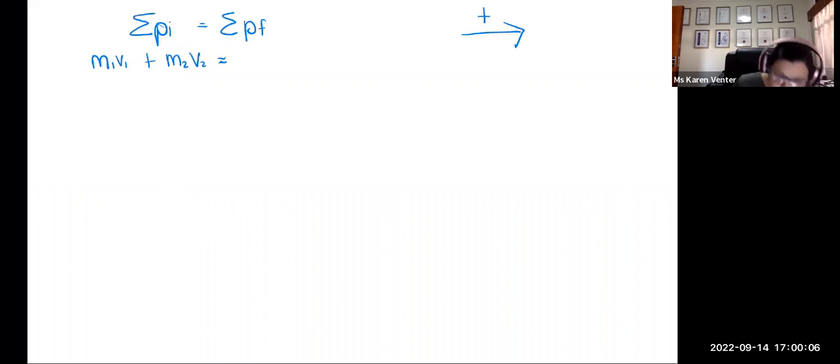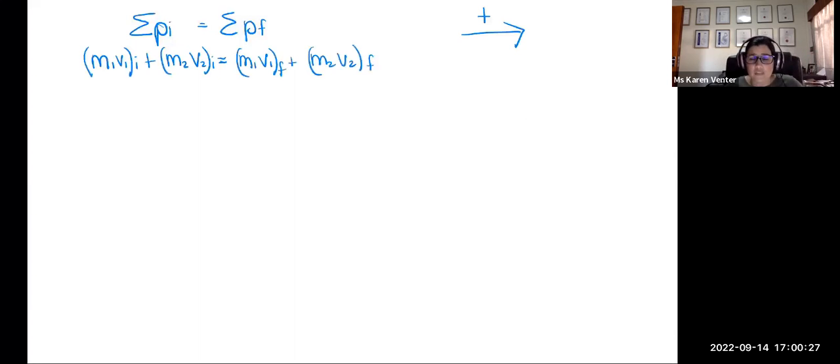This is before the rocket has been fired. It will be equal to m1 v1 plus m2 v2. But now this is going to be initial, and the second part is final.